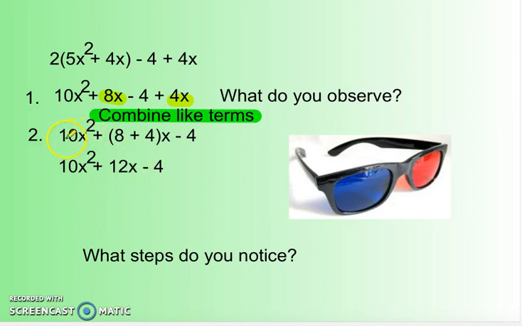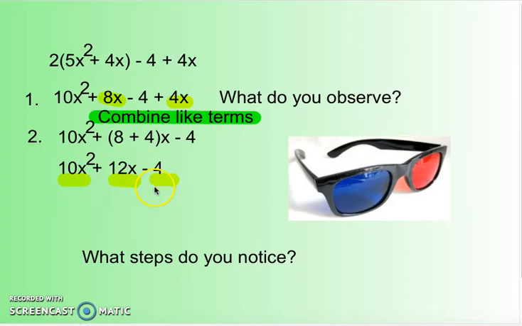And 10x squared, there is nothing to add or subtract to it, so that term remains the same. 12x is our new term, and the minus 4 is our last term, and notice nothing goes with that as well. All of these have different exponents as well as different variables. Okay, so when I get to that point, that means my answer is in simplest form.